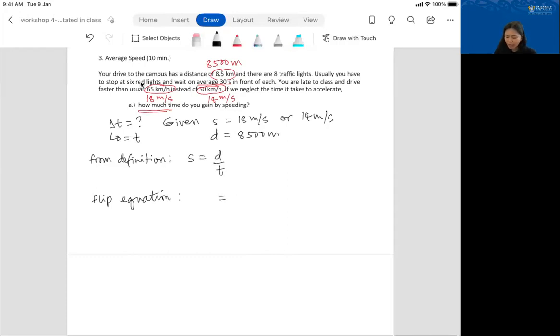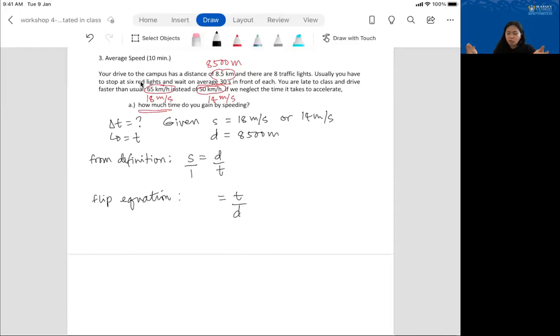So if you flip the equation, we need to flip both sides. If you flip the right hand side, so that's t divided by d, we also need to flip the left hand side. If you see just s by itself, it's implied that it's s divided by 1, because anything that you divide by 1 is equal to that same thing.